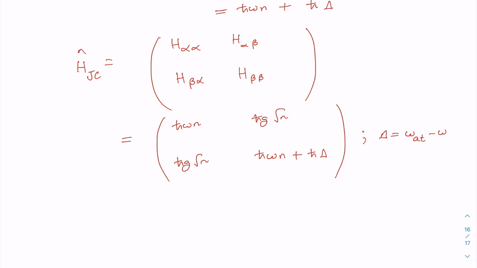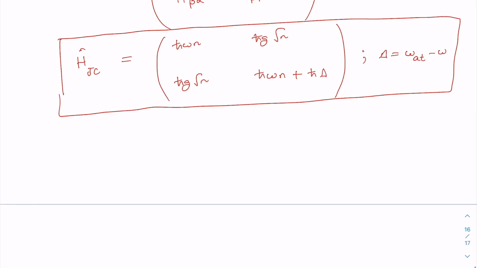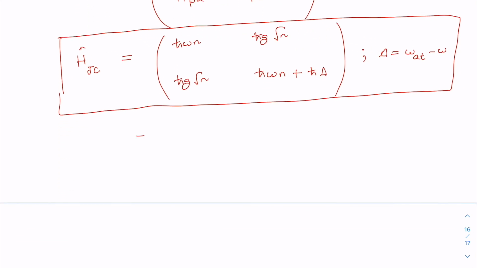Now let us find out the eigenvalues of this Jaynes-Cummings Hamiltonian in the RWA. That can be done very easily. Let me show you. Let me separate this Hamiltonian out into a number of terms.